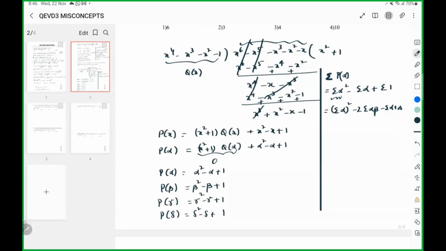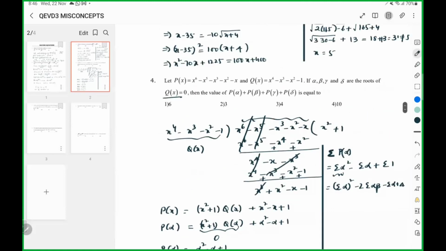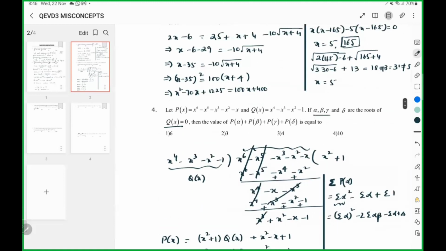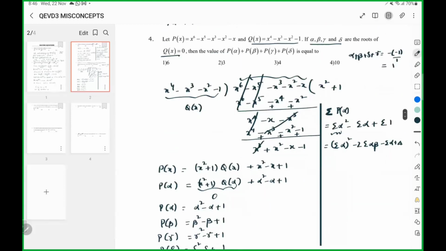So here alpha, beta, gamma, delta are roots of q of x. That means the sum of the roots alpha plus beta plus gamma plus delta is equal to minus of minus x cube coefficient by x power 4 coefficient. So that means here sigma alpha is 1 plus 4.